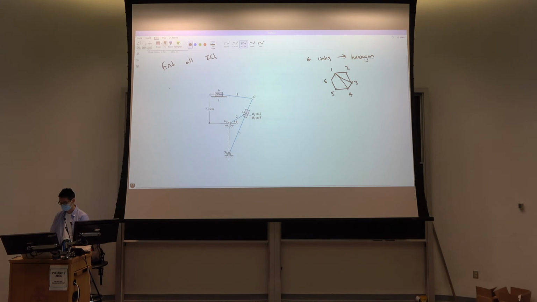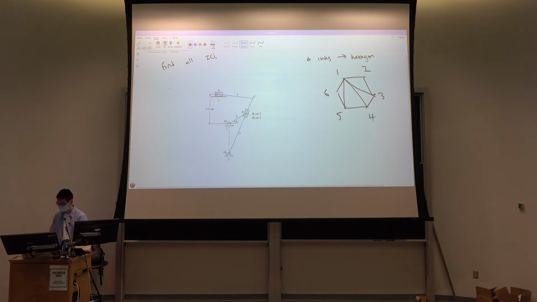Clockwise again, 1, 5. And 1, 6 already exists. Let me see if I can make this a little bigger. That's better. Okay, now we're done with number 1.